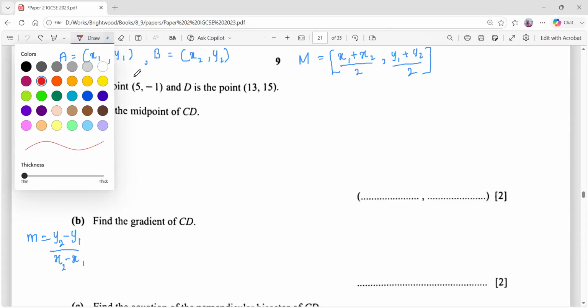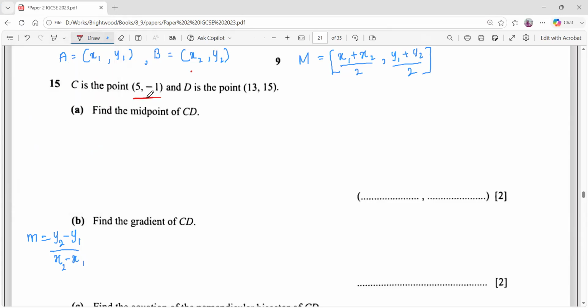Now use it. They gave the first coordinate and the second coordinate: here x1, here x2, here y1, here y2. Now what is the midpoint? The x coordinate is 5 plus 13 divided by 2.